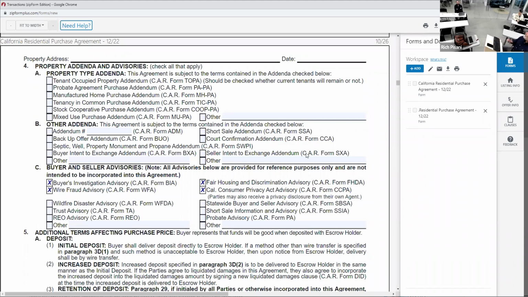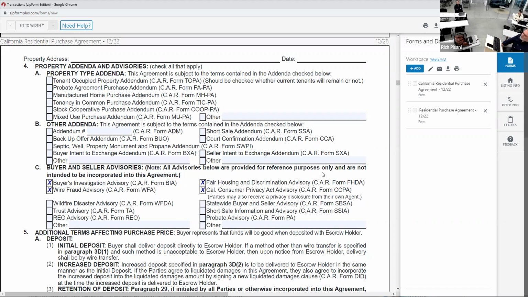A co-op is where you own a share in the total property, whereas with a condominium you own the walls in, and then there are common areas. It's hard to get financing, but there are places that do finance.